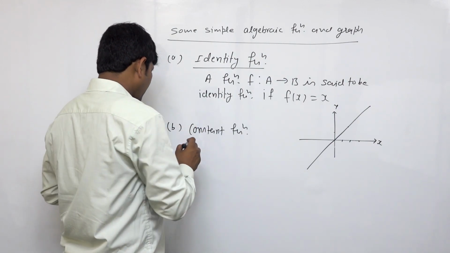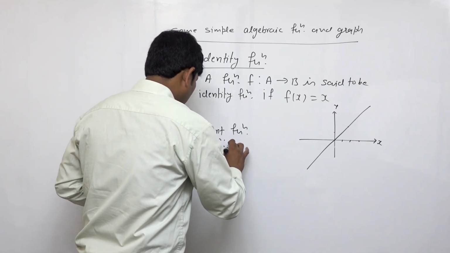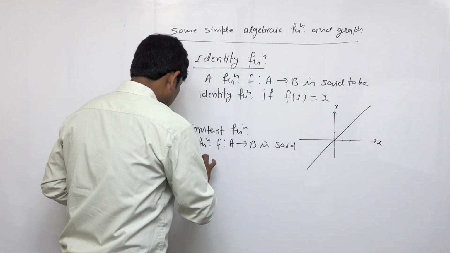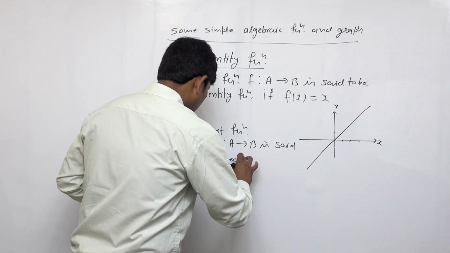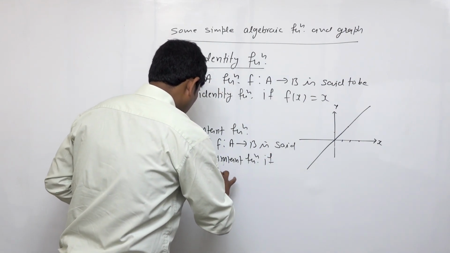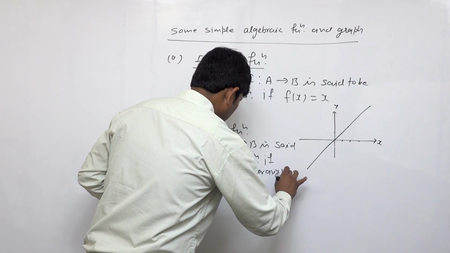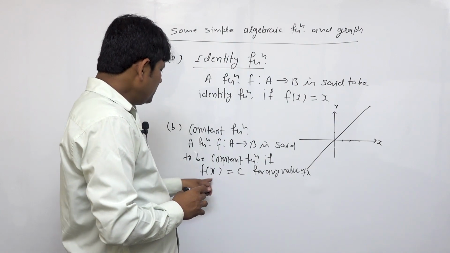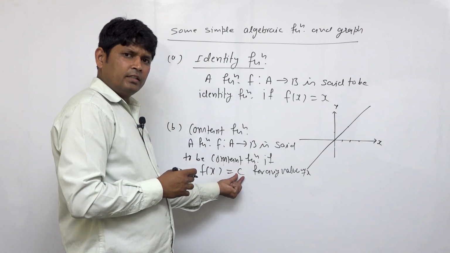So constant function is defined as a function f defined from a to b is said to be constant function if fx is equal to c for any values of x. Fx is equal to c. It means if you put any values of x, always the result will be the same.